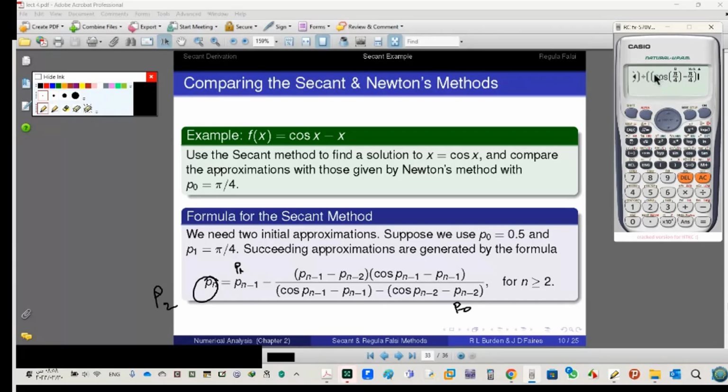Open, close, over. Oh, sorry, minus here. Cosine, same. So you can write, if there's a mistake, you have to correct. Which one? 0.5. 0.5 minus 0.5.